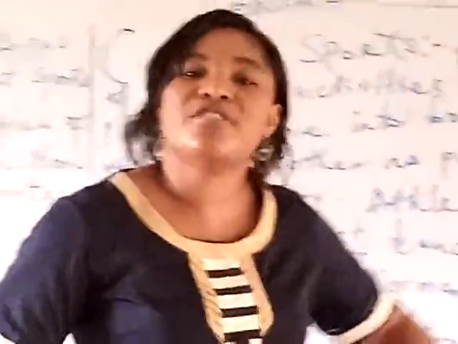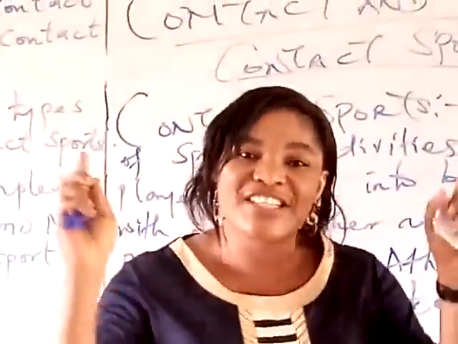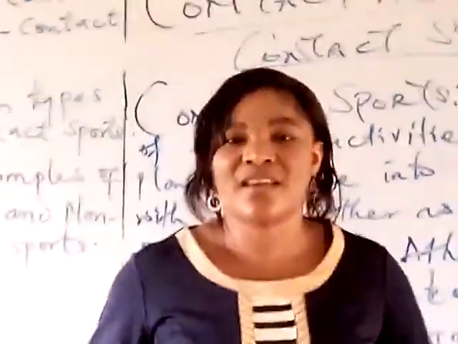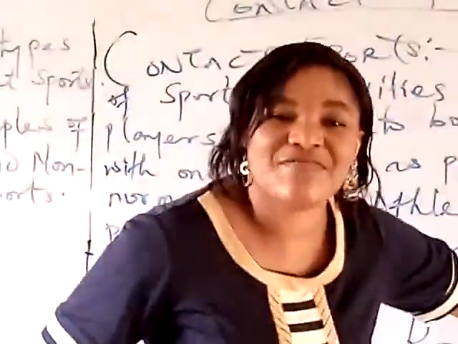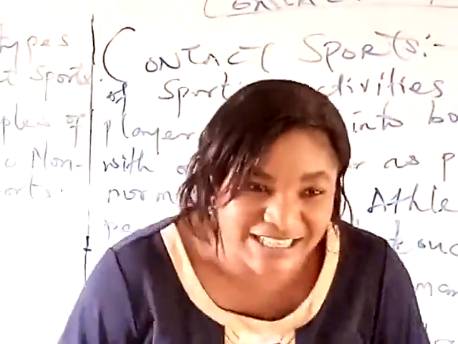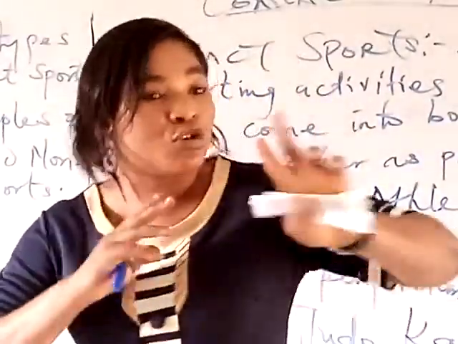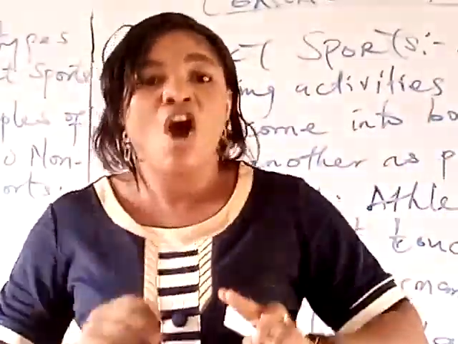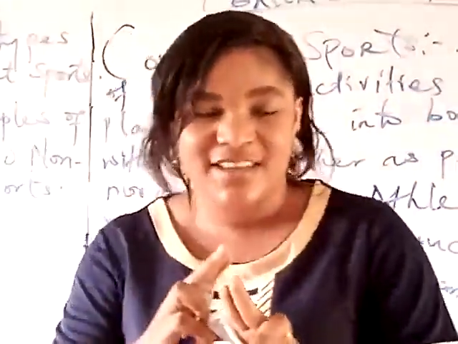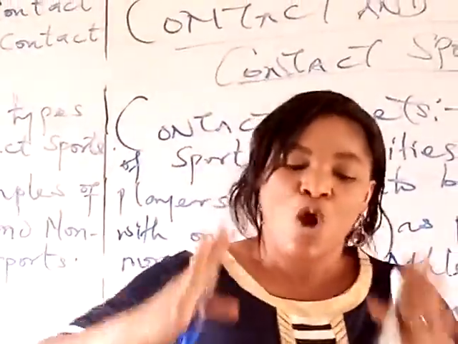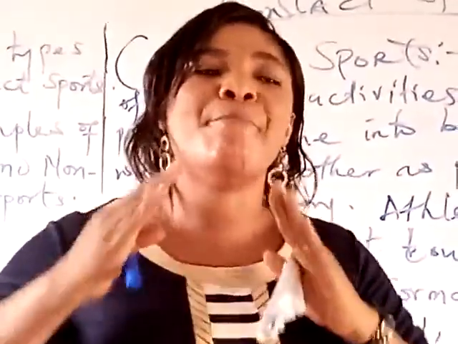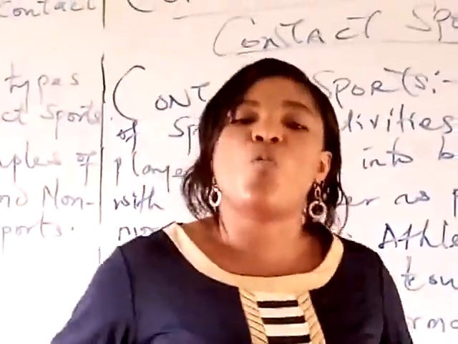Even from the word full, you can deduce what it means. Full contact, that is, in this kind of sporting activity, the two performers or athletes involved in the game are expected to have full bodily contact with one another.